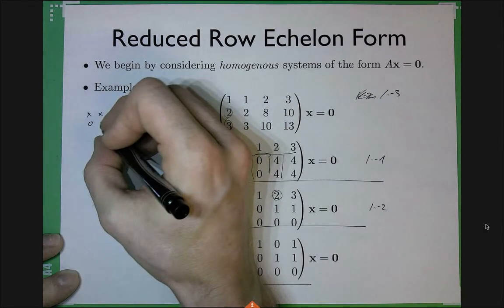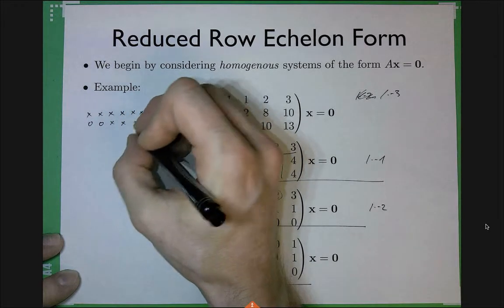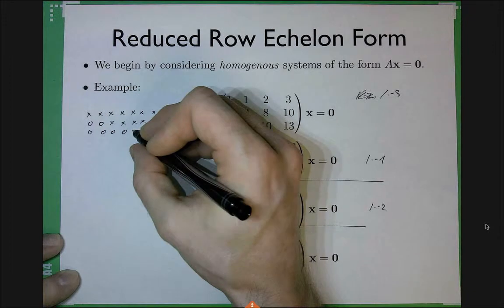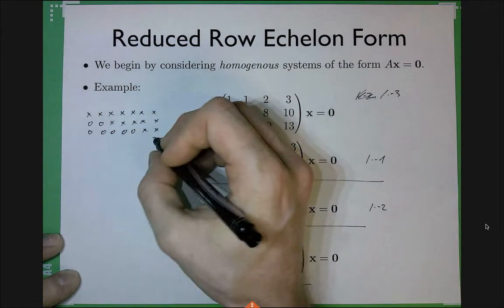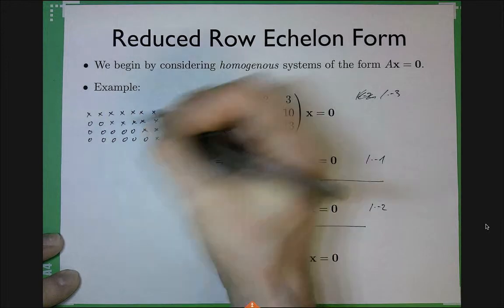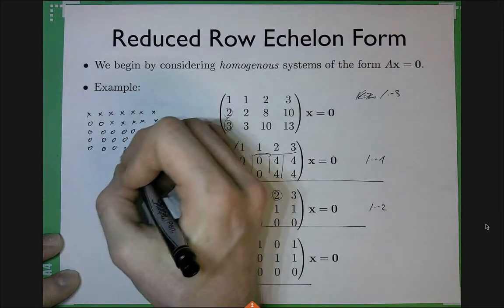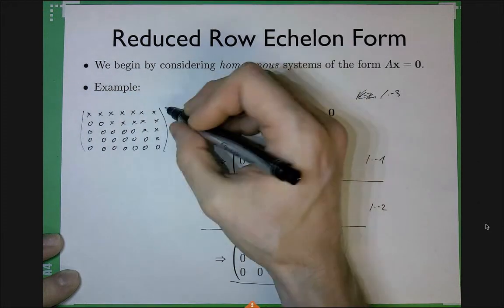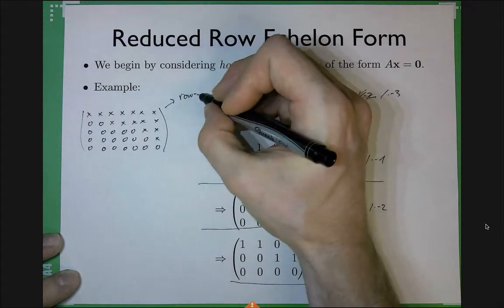Then there are some zeros, but then again some non-zero elements. It could also be like this. And there can also be an arbitrary number of rows full of zeros, right? So this is an example of a row echelon.